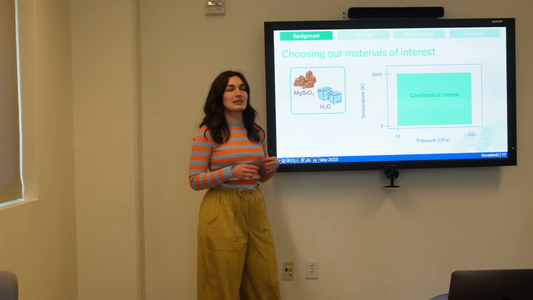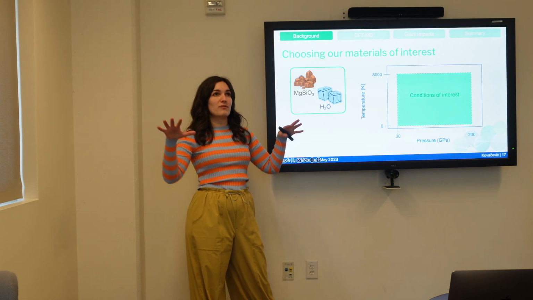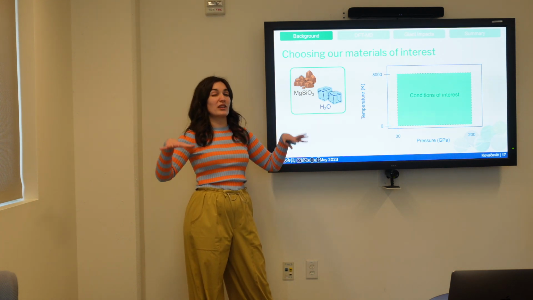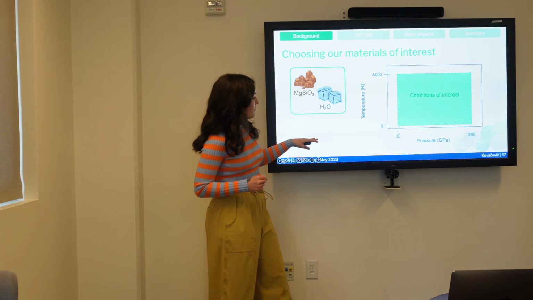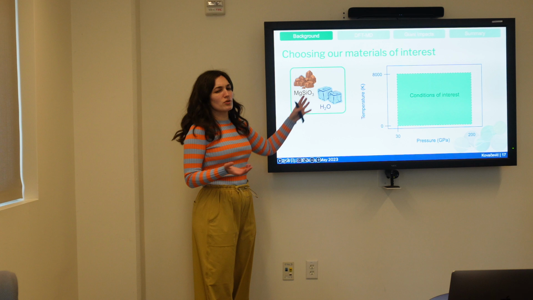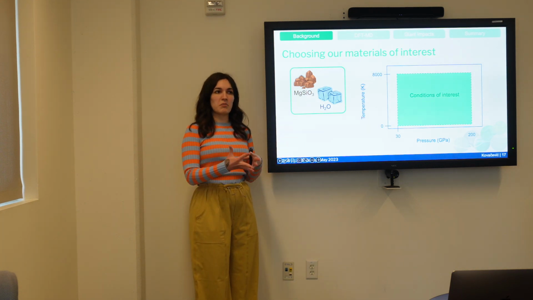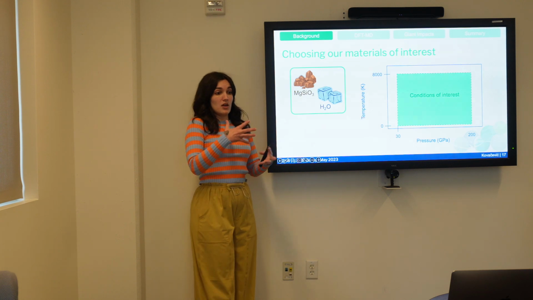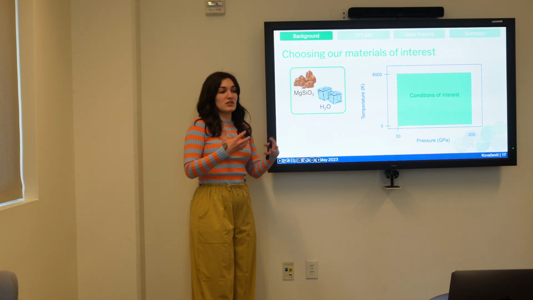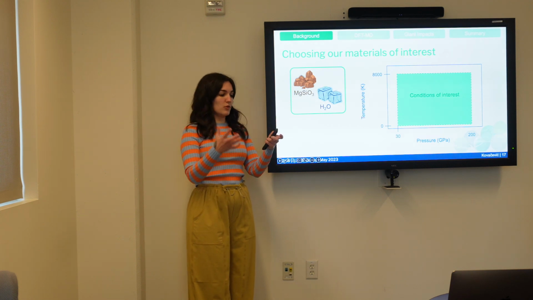GPa is like, I think, 4 orders of magnitude larger than what we find here on Earth. So a ton of pressure. And then we're going to investigate temperatures from 0 to 8,000 Kelvin. The reason we chose 8,000 was we just wanted all the materials to melt. We wanted to see if there was maybe mixing before they melted, some high pressure phases that led to different dynamics, or if the melt would remain separate or if it would mix.